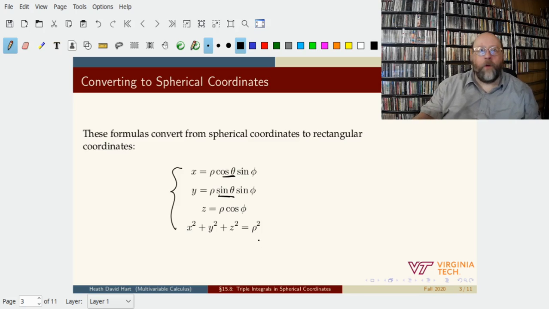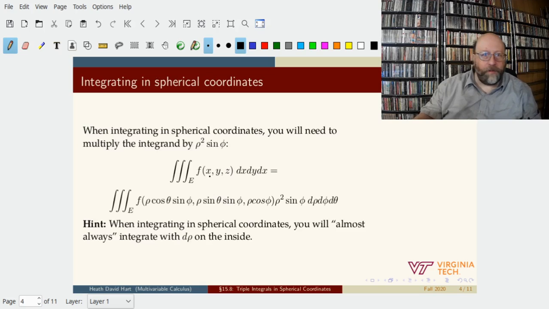And when we integrate in spherical coordinates, we replace x with rho sine phi cosine theta, or rho cosine theta sine phi. We replace y with rho sine phi sine theta. We replace z with rho cosine phi. And then in polar coordinates, we multiplied by r.